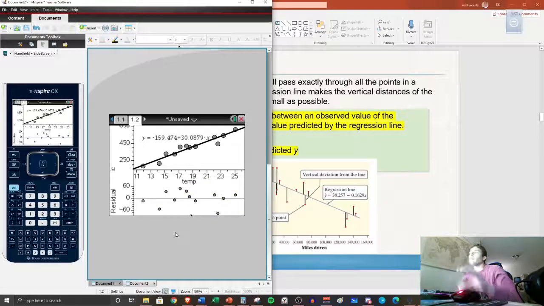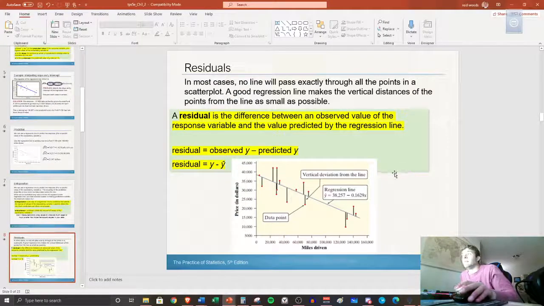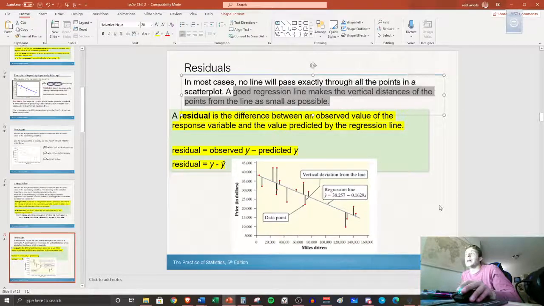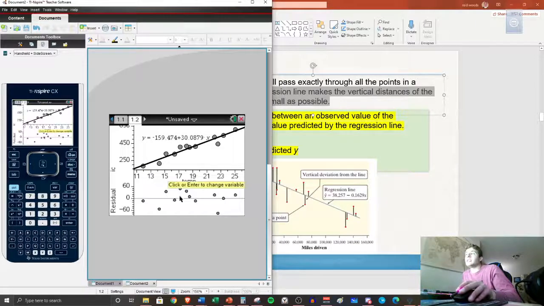It's showing us how well of a job that line does at fitting the data, because the goal, a good regression line, makes the vertical distance as small as possible. So this is the smallest residuals that could be created by a line. That's why it's called the line of best fit. Okay, this was the best fit that we could get.